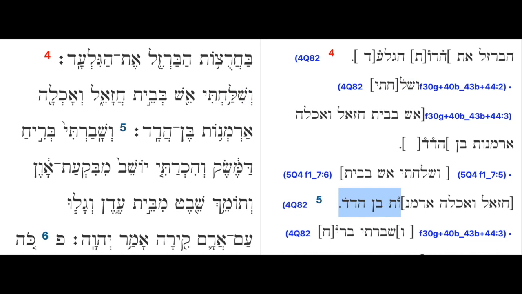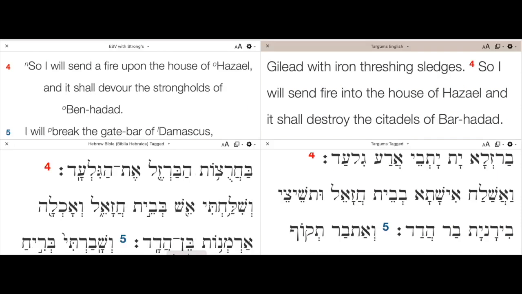And the only other portion from verse 4 that is actually attested is the ot, the plural ending of Armenot, and Ben Hadad. So the Dead Sea Scrolls are not in any way at variance with the Masoretic text in Amos 1:4.